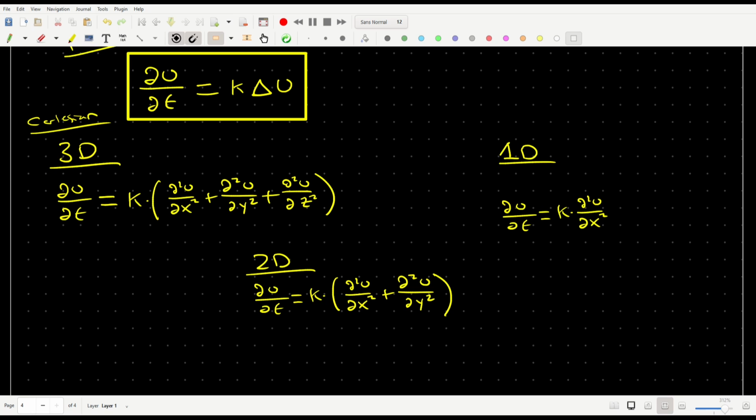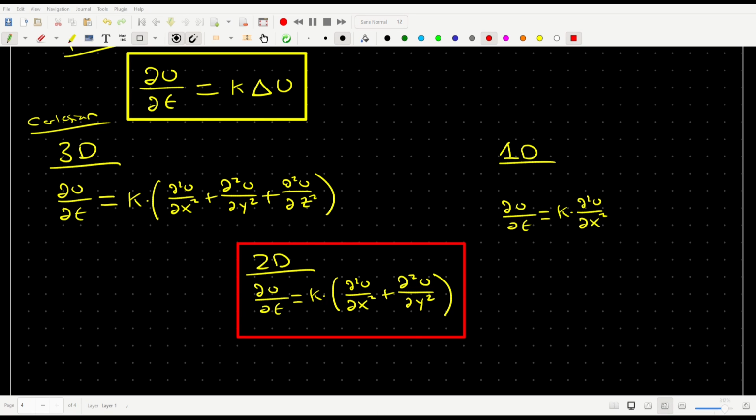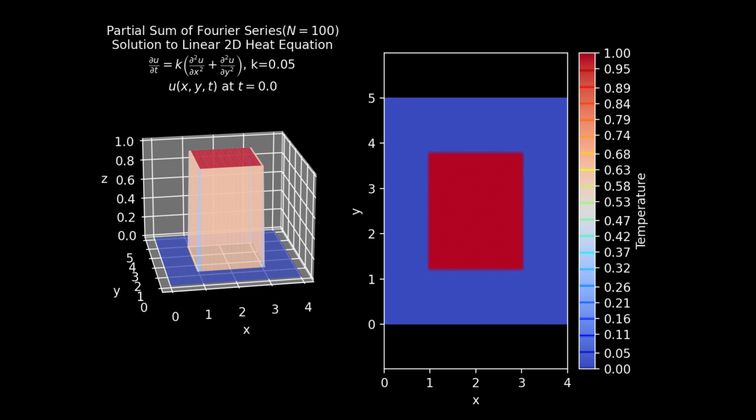But what I want to do is show a direct example of what the solution, the exact mathematical solution to the heat equation, looks like in 2D, for a relatively simple initial distribution of temperature. And so this is a plot of a 2D initial temperature distribution.